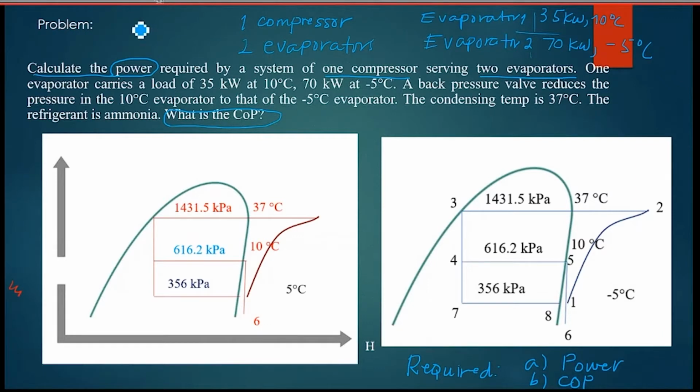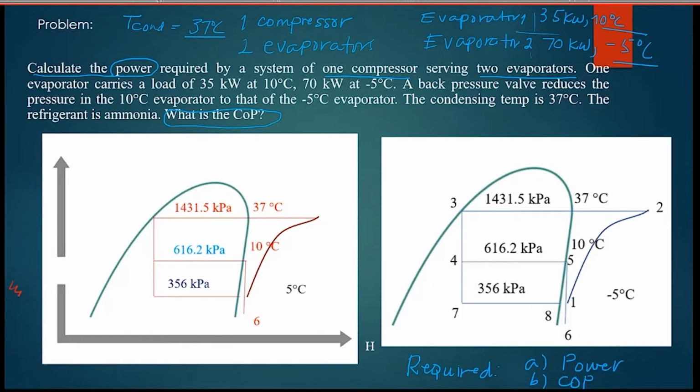The condensing temperature is 37 degrees centigrade, let us say TCO, just to be descriptive. Then the evaporating temperature, because we have two evaporators. Now, the best way to illustrate the problem is by the use of the pH diagram.